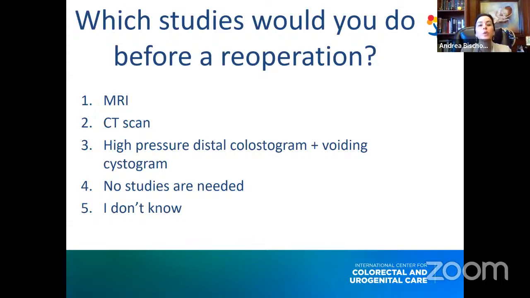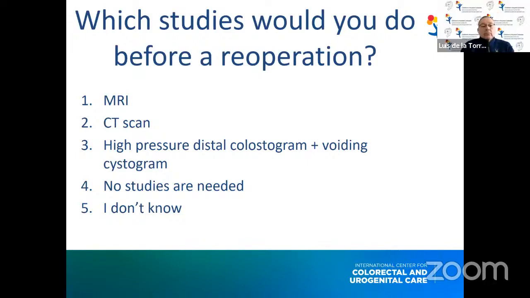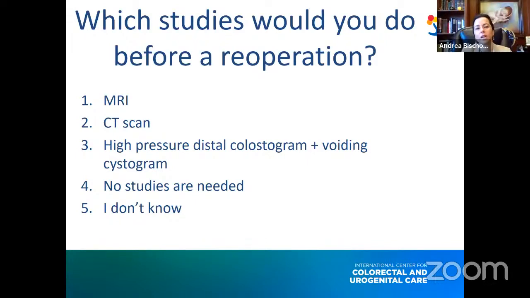The surgeon that wrote to me said this is iatrogenic, because they claimed that they clearly saw the rectal bladder neck fistula. So I don't know, because I was not in the operation, and I have not seen the original studies when the baby was born. Remember, in this case there was no distal colostogram because it was a primary repair. So I don't know.